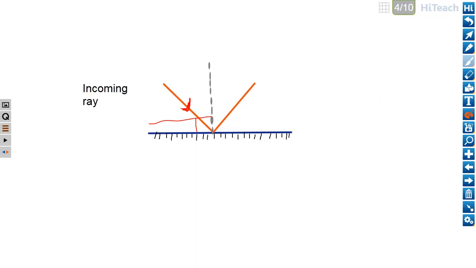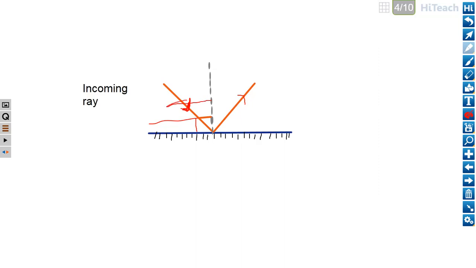Now, what about the angle? For example, as you know, this angle here is how much? It's 90 degrees between the normal and the surface. I want to show you the reflected ray first. So this is the reflected ray, with the direction of the arrow this way. What about this angle here?